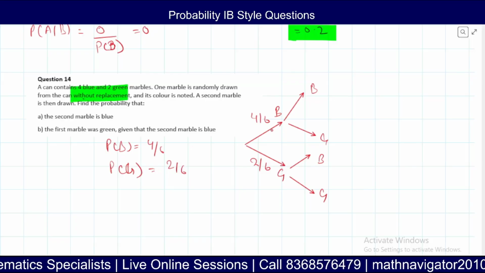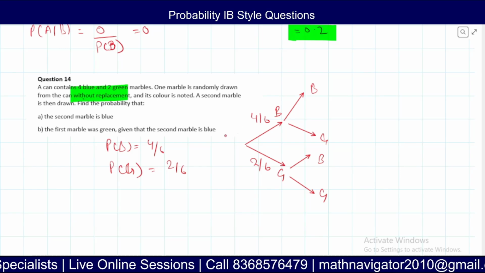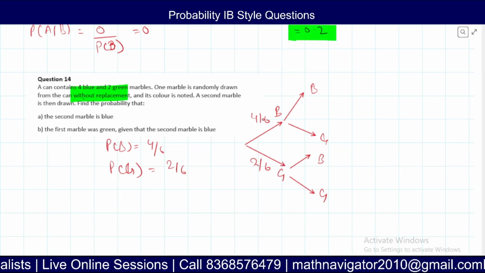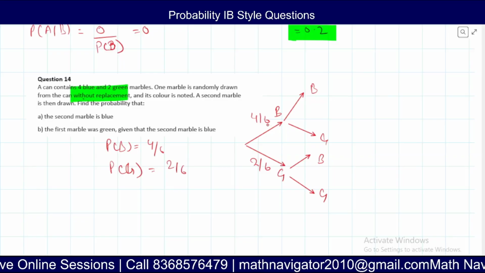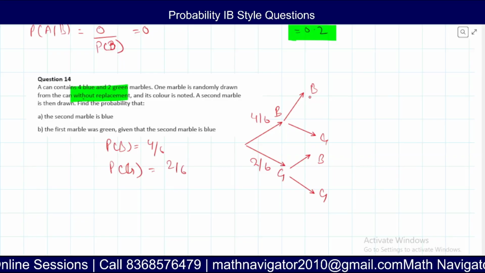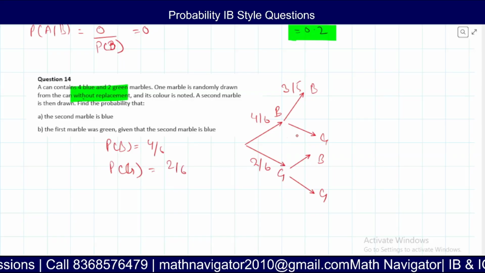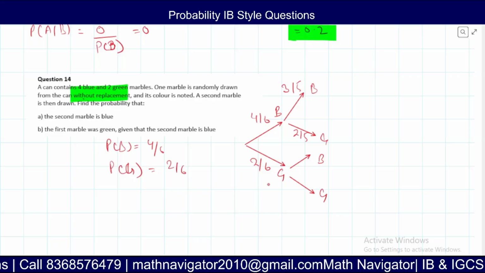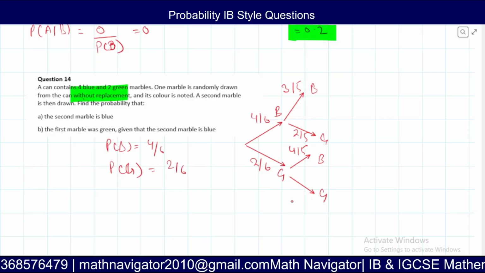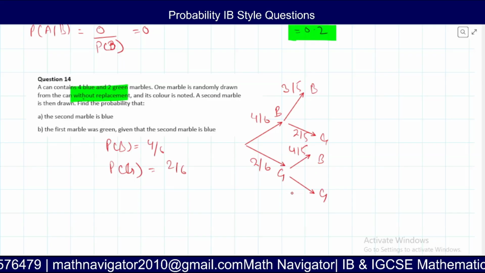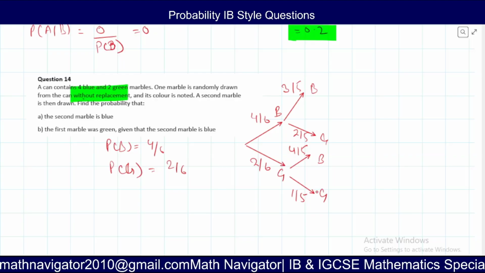Here, without replacement means, when I have taken one blue ball out, I'm left with 5 balls, right? So next is also blue, 3 over 5. If the first is green, then blue is 4 by 5, and green becomes 1 by 5. So this is my tree diagram.